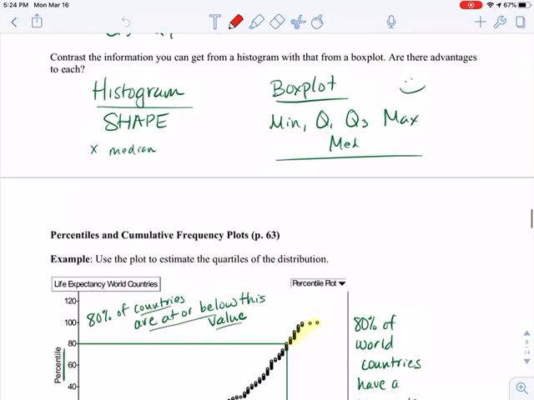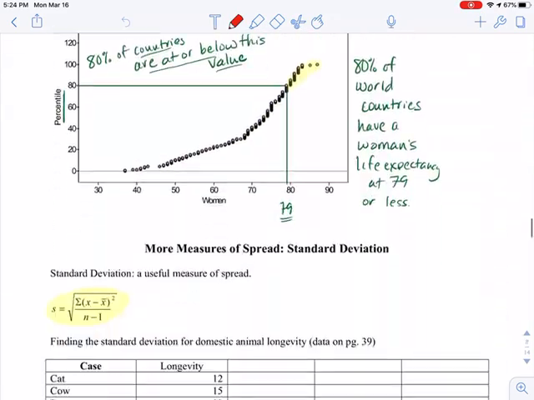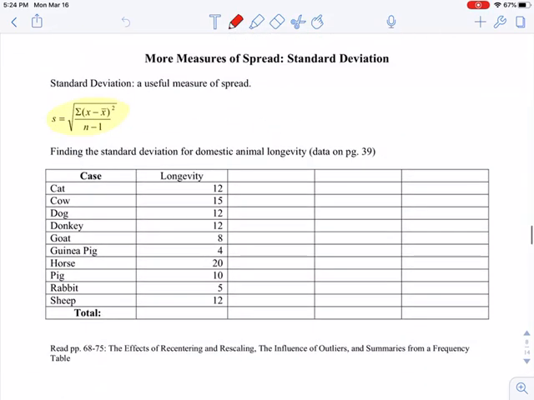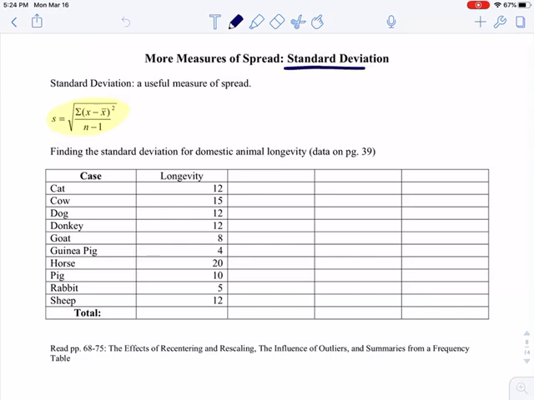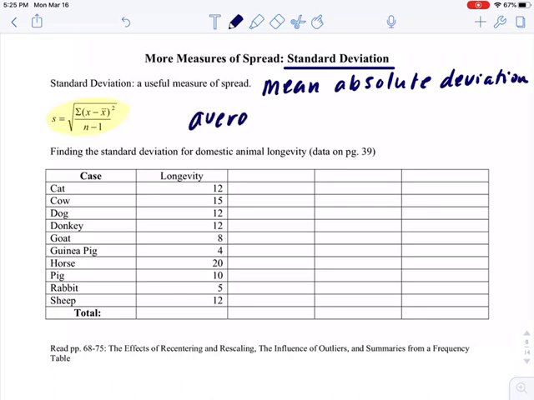So we were at the bottom of the page in the third section. And we had not yet talked about what standard deviation actually means. We did, however, do an activity where we learned that standard deviation is similar to mean absolute deviation, which means average distance from the mean.